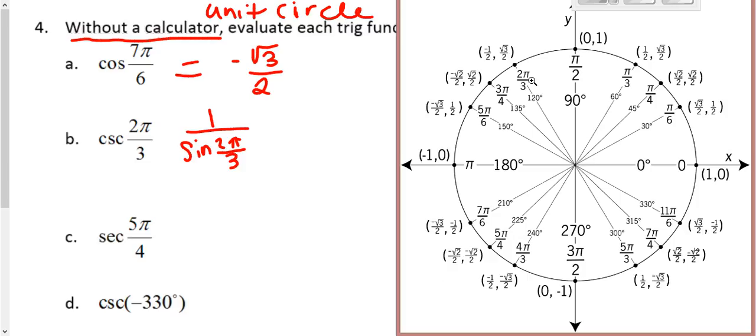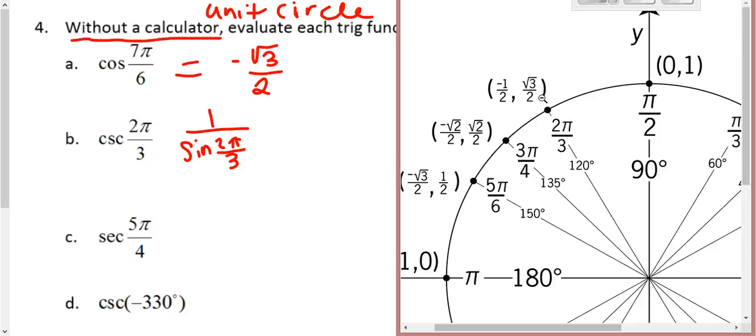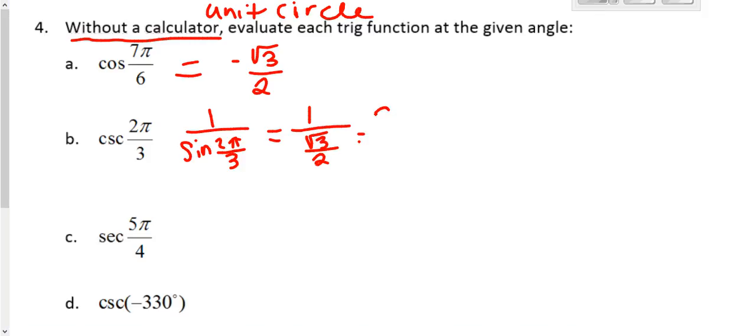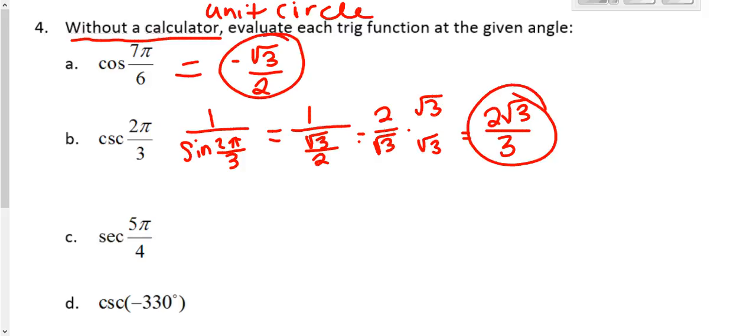So 2 pi over 3 is up here, and sine is our y value, so that's square root of 3 over 2. So we have 1 over the square root of 3 over 2, which is 2 over the square root of 3. Rationalize, and our answer is 2 square root of 3 over 3. So those are our answers for those two.